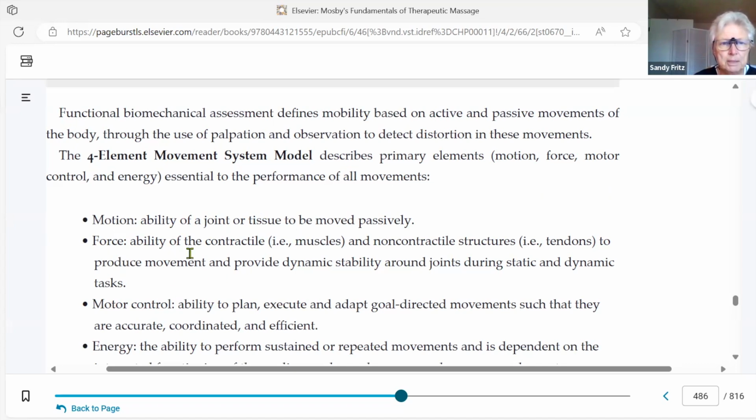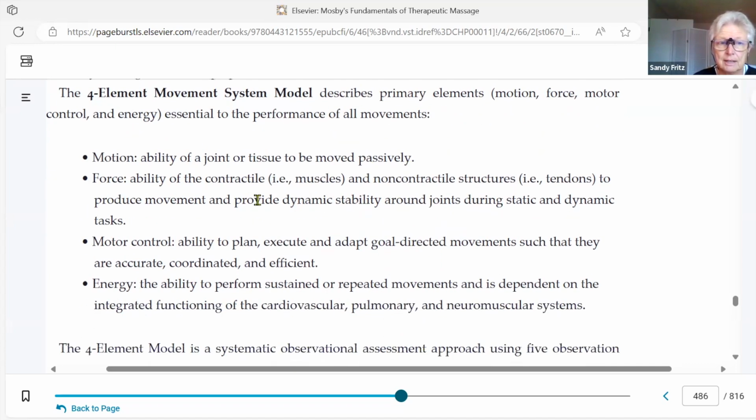Force, ability of the contractile units and non-contractile structures to produce movement and provide dynamic stability around the joints during static and dynamic tasks. Dynamic means movement. Motor control, ability to plan, execute, and adapt a goal-directed movement.